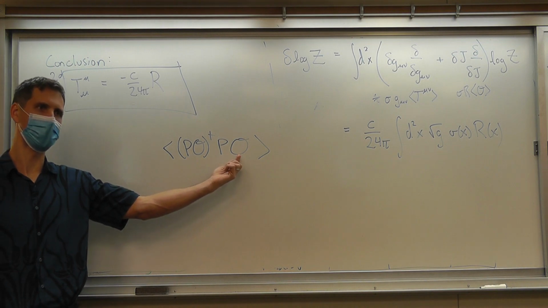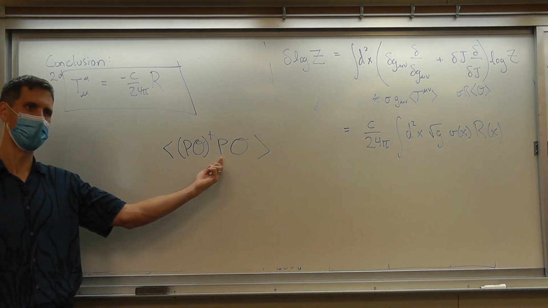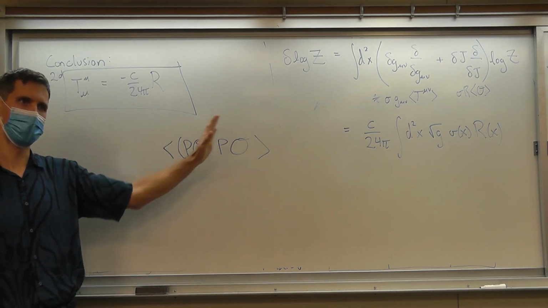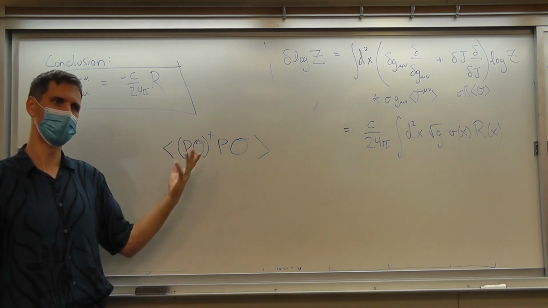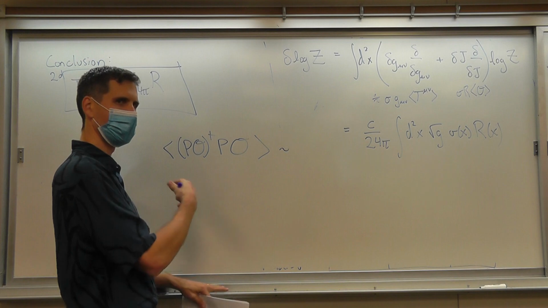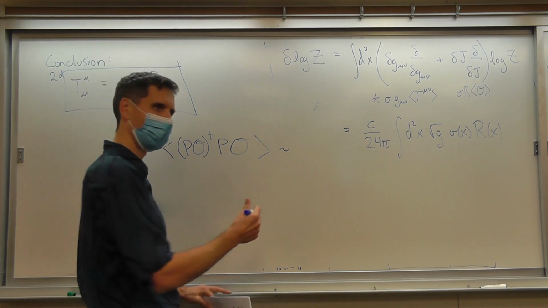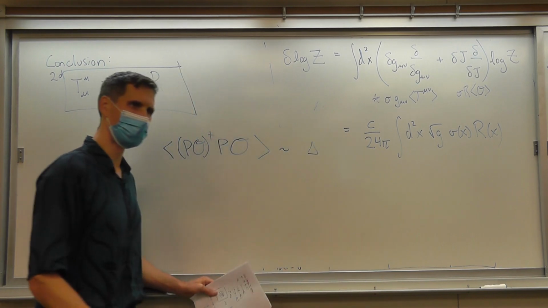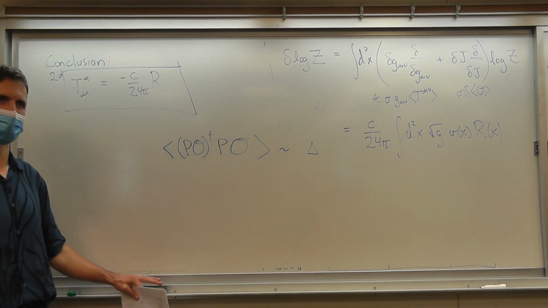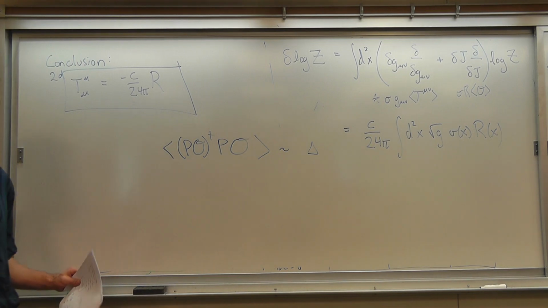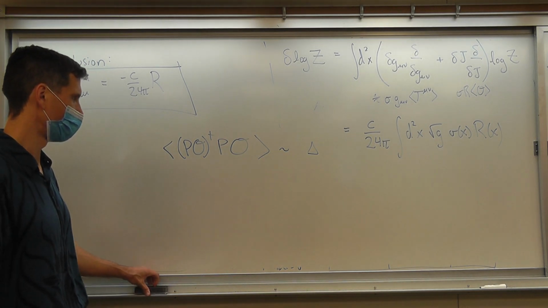You take some operator with negative dimension, you look at its descendants, and then you calculate, so this creates a state, and then you calculate the norm of that state. I'm being pretty schematic here. I actually don't remember which descendant you have to look at, but there's some way of looking at the descendants and seeing that you can create states with norm delta, and therefore delta can't be negative. So it's a requirement of unitarity.